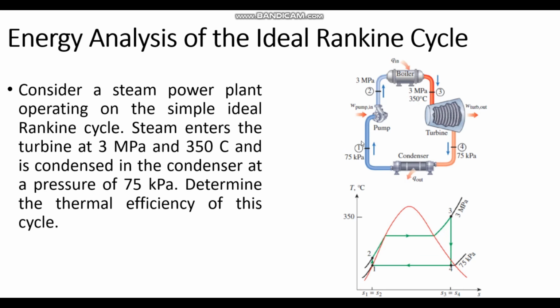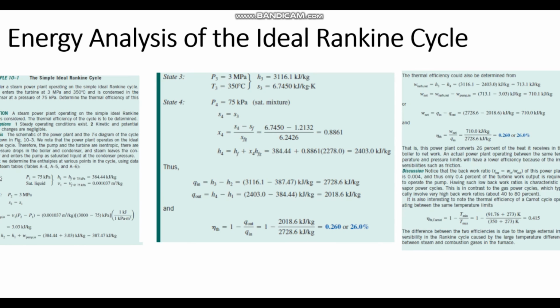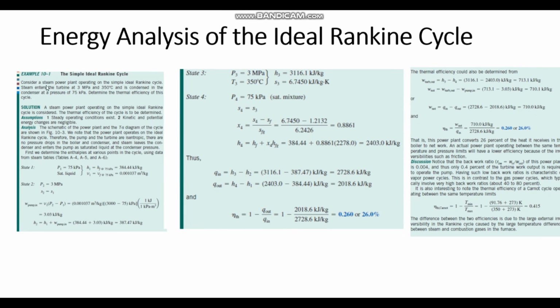And the pressure in the condenser is 75 kilopascals, which is pretty high, to be honest. We must determine the thermal efficiency of this cycle. As you can see, to determine the thermal efficiency, we need to determine the amount of heat given to the cycle and the amount of heat rejected from the cycle.